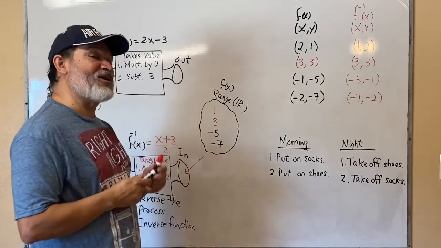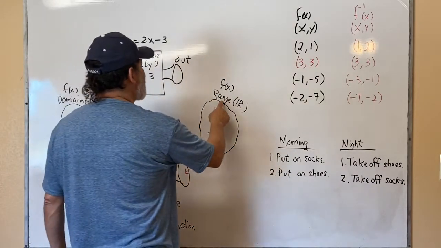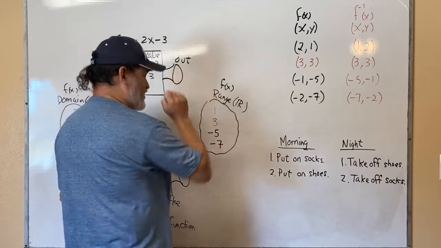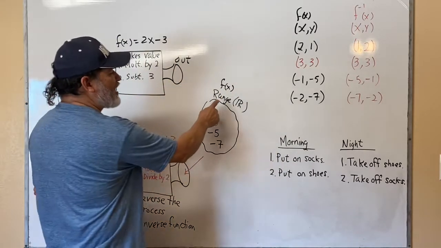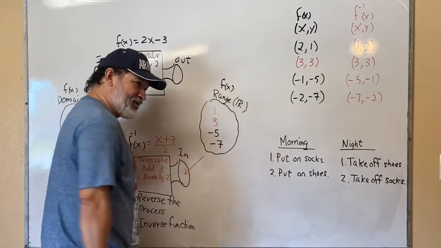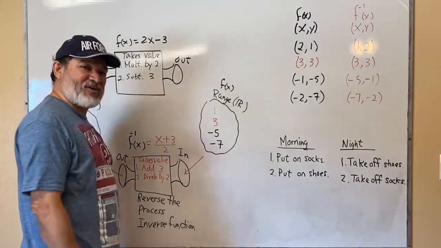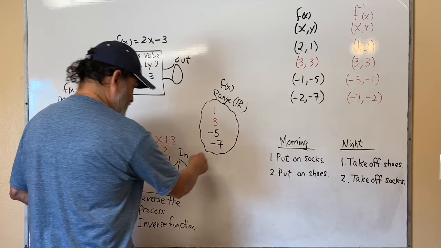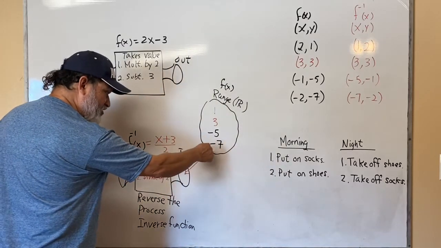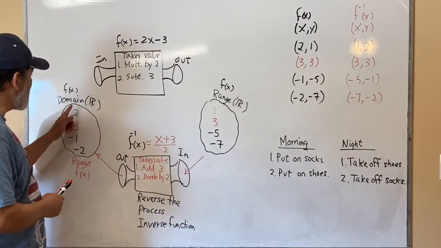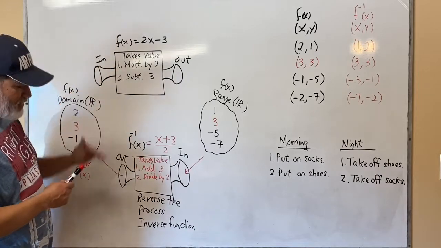Let's not forget that, okay? The range for the function is the domain of the inverse. That's right. This is the domain because these are the values that are going in. The domain are the values that go in, okay?